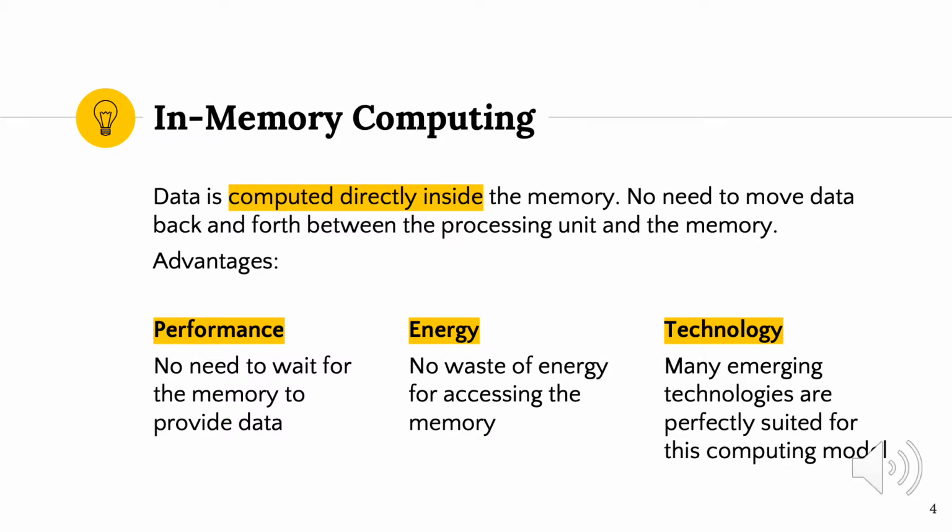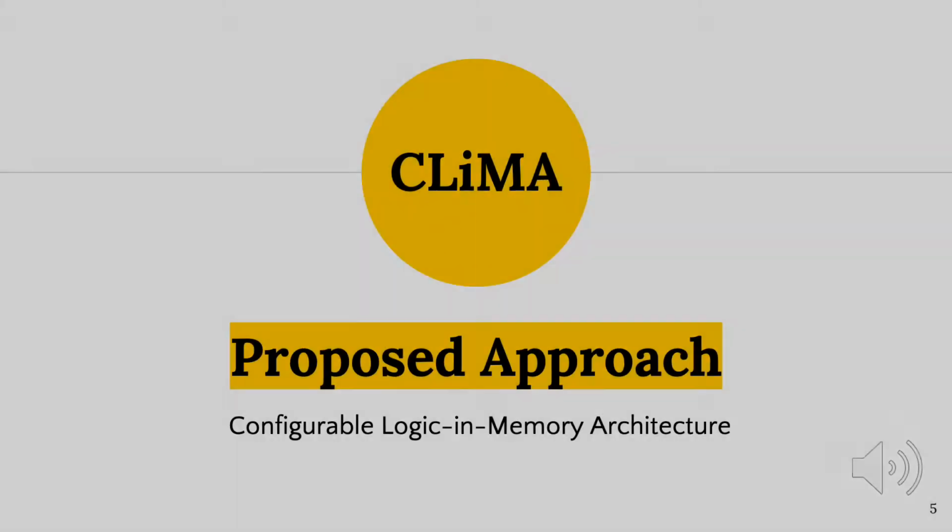There's no waste at all of energy for accessing the memory because all data are computed locally inside the memory. And in terms of technology, so implementation, many of the alternative technologies that are now emerging over the conventional CMOS one are perfectly suited for this computing model, and we will see why.